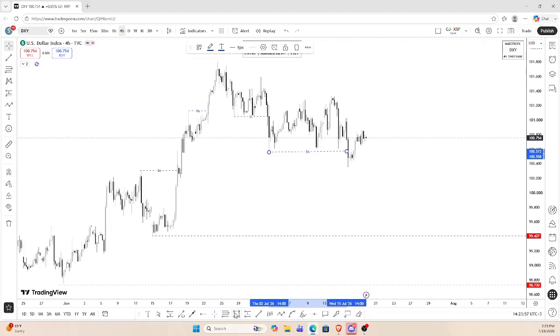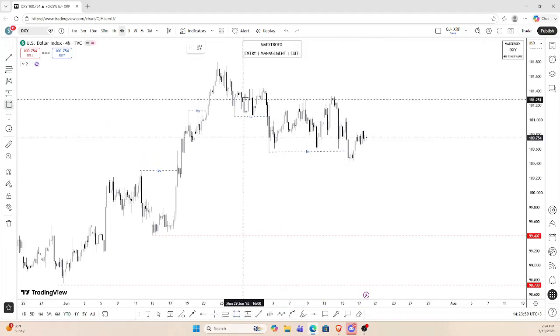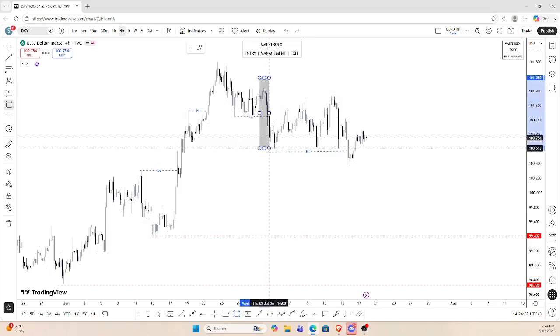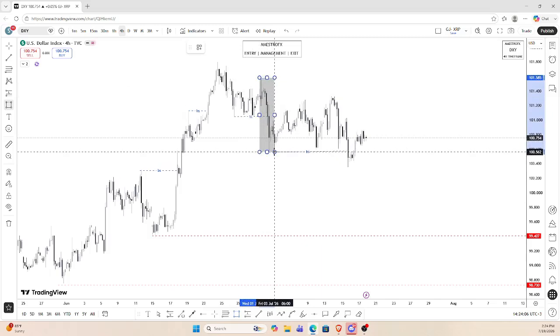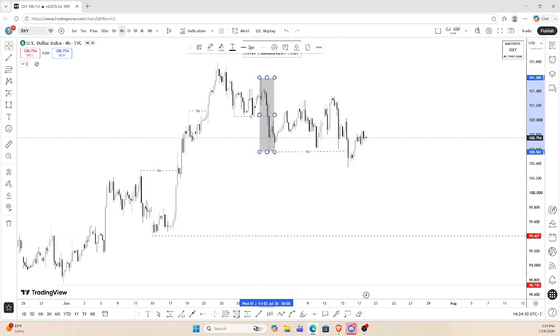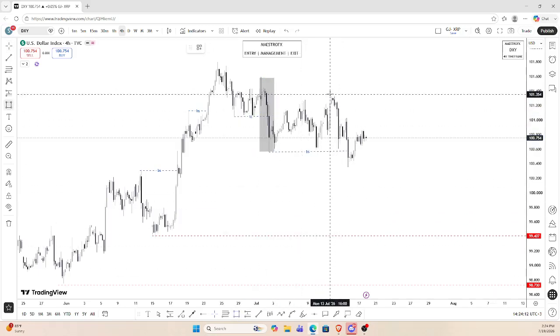We can see that ever since we took this high to the downside, price has shifted bearish.